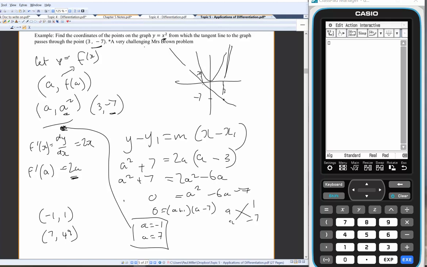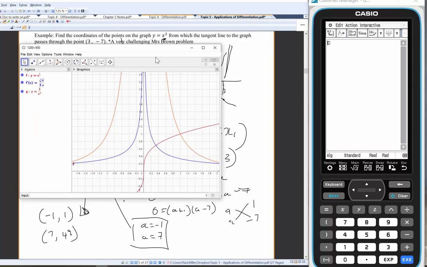All right, so to find the coordinates of the points on this that go through this, these are your coordinates. And again, let's just check that out. I think it's worth having a look at that on GeoGebra to see what it means.